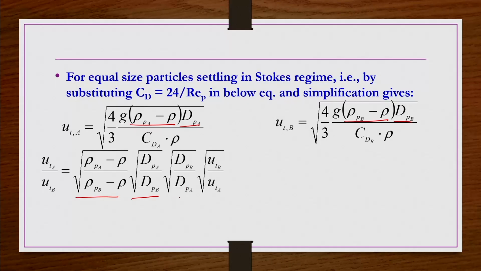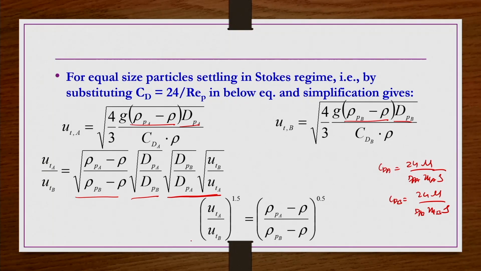If you substitute CDA equal to 24 mu by dPA UTA rho, and CDB equal to 24 mu by dPB UTB rho, and simplify, then that ratio will come out to be the square root of dPB by dPA times the square root of UTB by UTA. So, UTA by UTB whole power 1.5 should come out as (rho PA minus rho) by (rho PB minus rho) whole power 0.5.